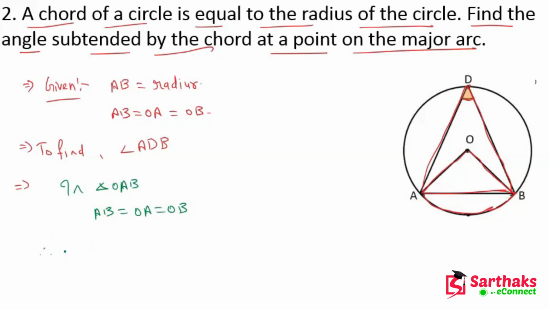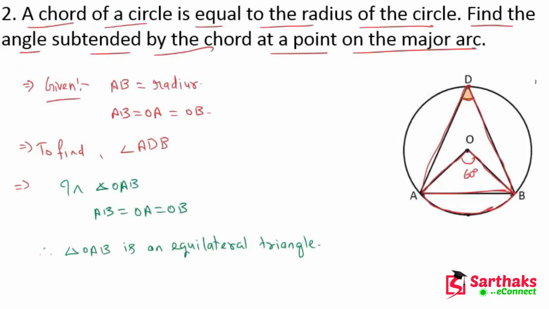So we can say that triangle OAB is an equilateral triangle, because in an equilateral triangle all the sides are equal and all the angles are 60 degrees. So angle AOB is 60 degrees.